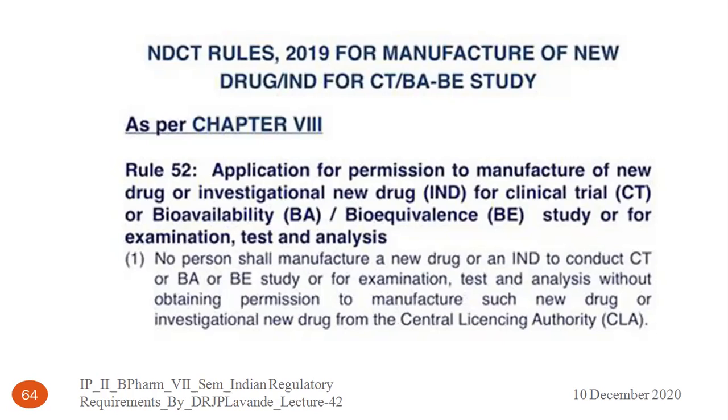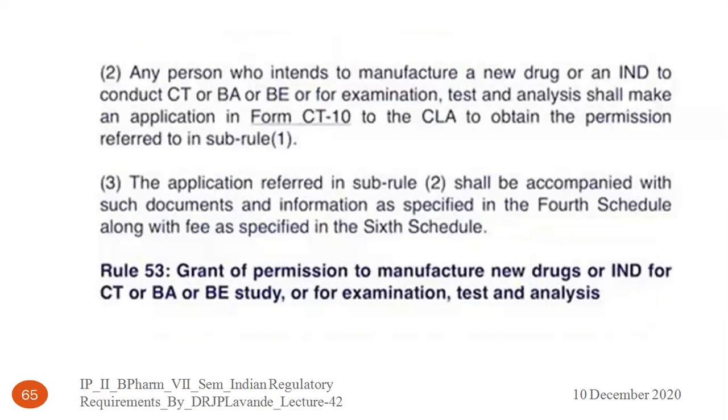It means that if one has to conduct clinical trials or carry out the process of manufacturing of new drugs or the investigational new drug, a person needs to take permission from the Central Licensing Agency, that is the CDSCO, as you know, right? Because how to apply, where to apply, we already saw in the previous lecture, the flow chart, isn't it? The pathway which is to be followed in order to get the approval for the clinical trials, right?